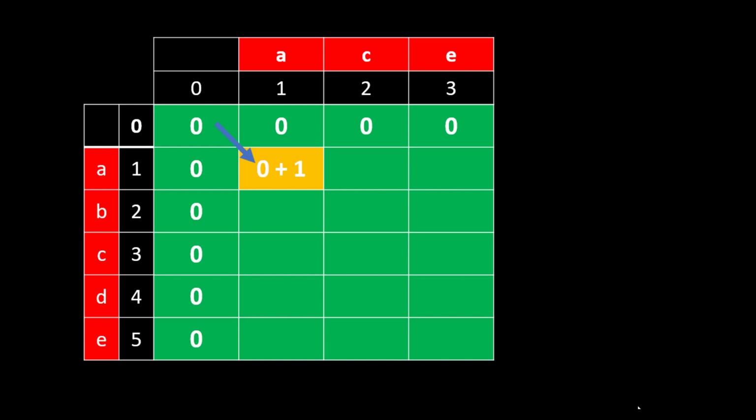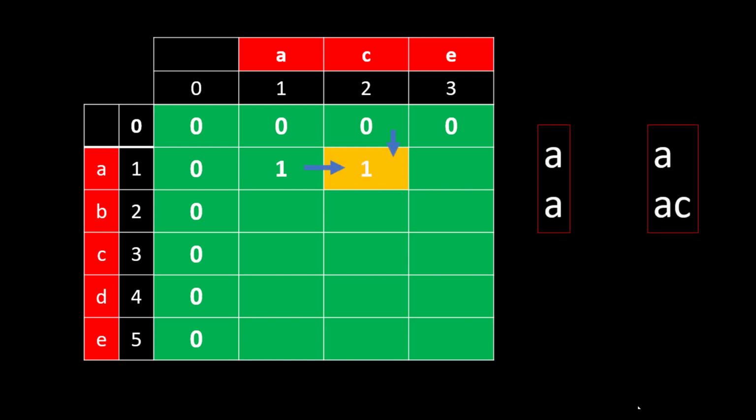It will be a bit tricky seeing it by this matrix, but when we understand it with the code that we have already written in the previous two approaches, it will be much clearer and more intuitive. Now, in the case when the two characters are not equal, we have two strings, that is AA or A, AC. Between these two, we find that AA gives us a longest common subsequence of length 1.